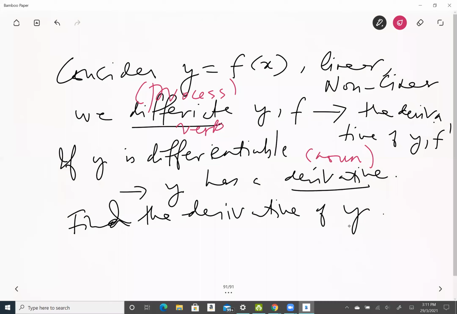All right. So next, we'll look at notation. How do you write it? Now you know y is a function of x. We write the derivative of y as the following.